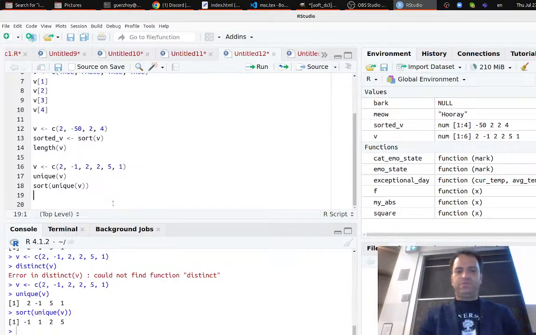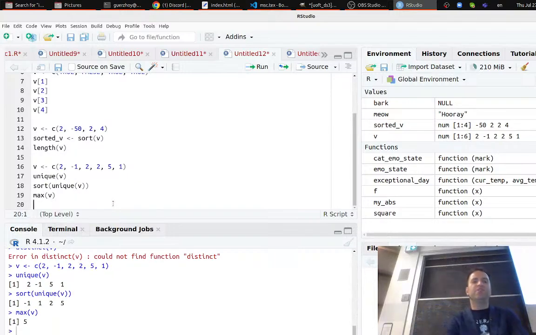You can have the maximum and the minimum as well. So I can, for example, have max v. Can I do max without having the max function? Well, yes, right? Because if you sort and then you get the last element, that will be the max.